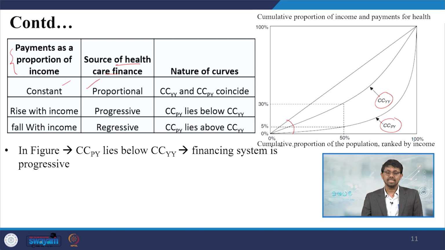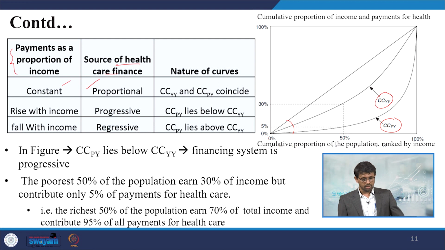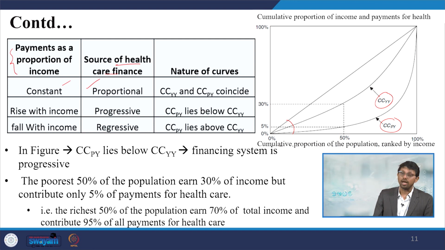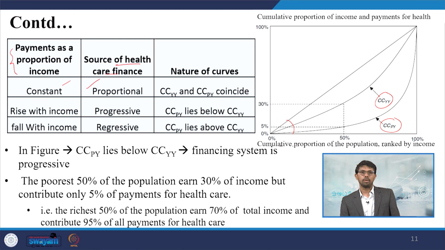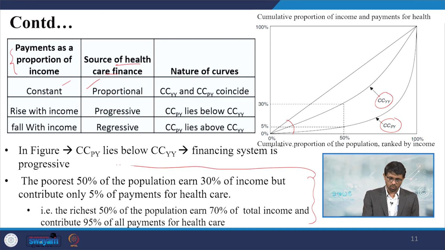So, the financing system is progressive when CCPY lies below CCYY. The poorest 50% of the population earn 30% of income, but contribute only 5% of payments for healthcare. The richest 50% of the population earn 70% of the total income and contribute 90% of the payments for healthcare. Therefore, this indicates that the payment is progressive. Okay. All right.